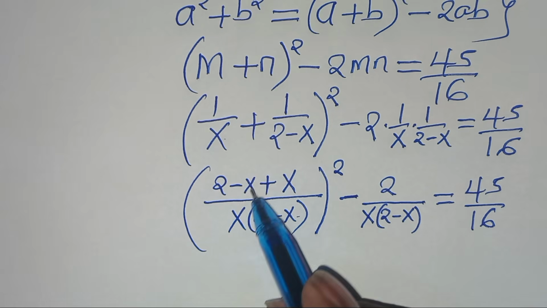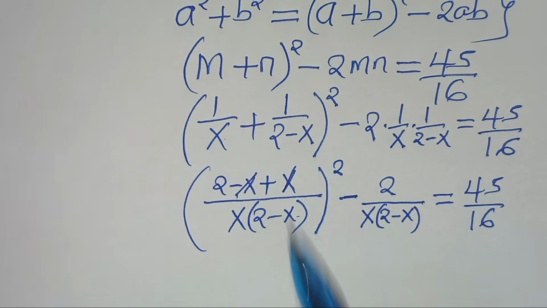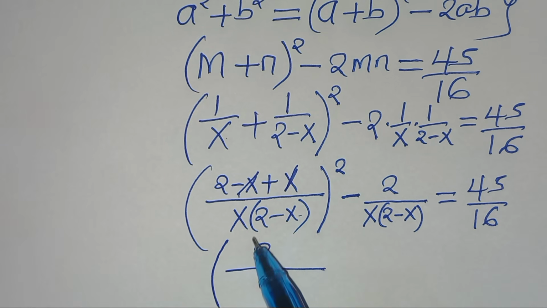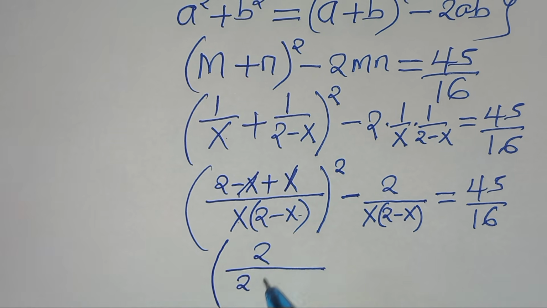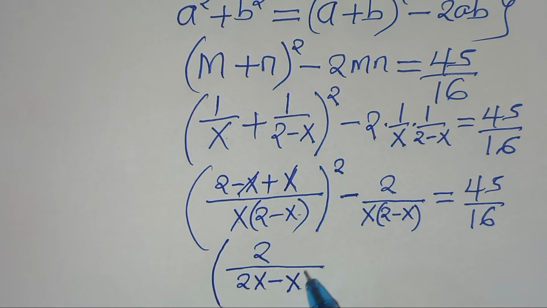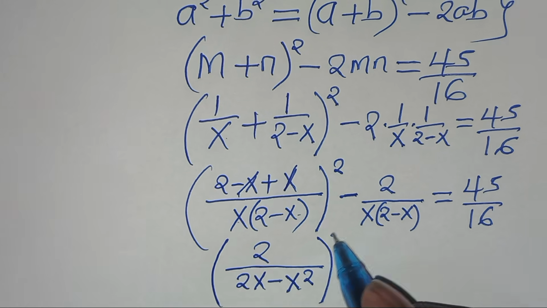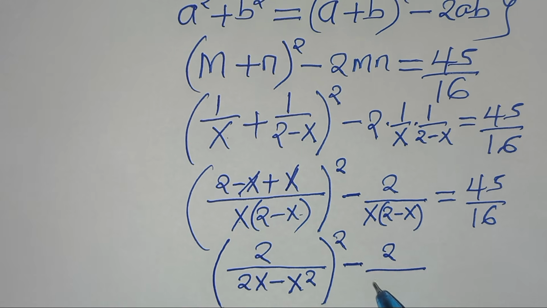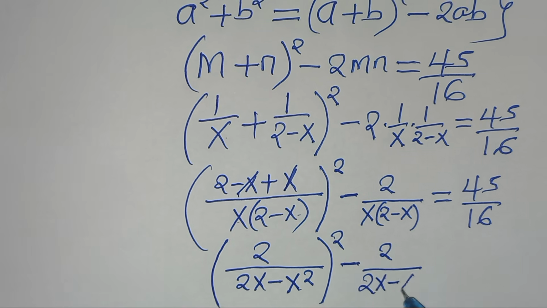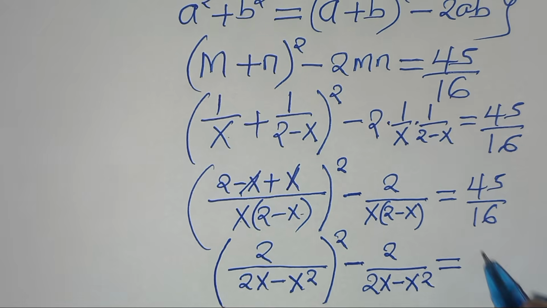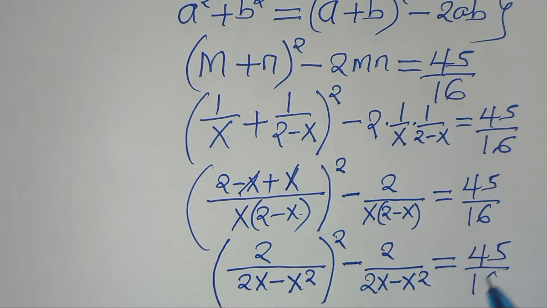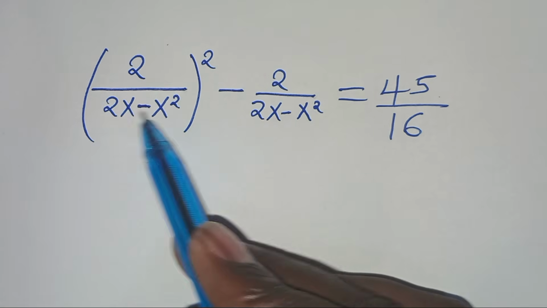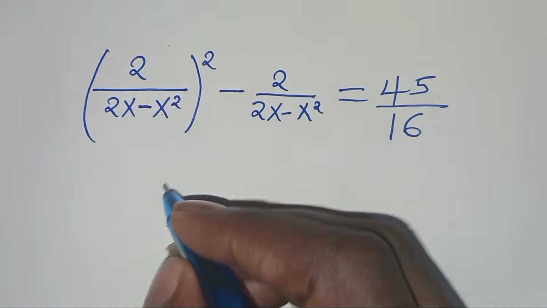Here we have minus x plus x, which simplifies, so that now we have 2 over (2x minus x squared), everything raised to the power of 2, then subtract 2 over (2x minus x squared), equal to 45 over 16.